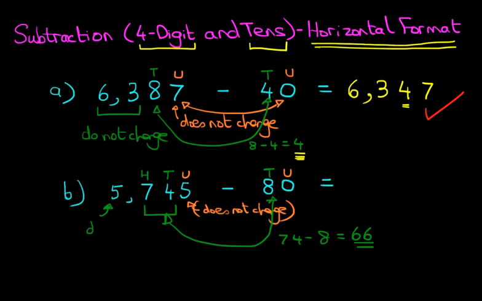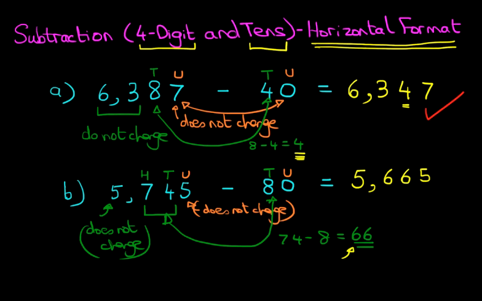In this example, this does not change. Therefore, 5,745 minus 80 is 5,000, let's put a comma, 665. And there is the 66 where this comes from.